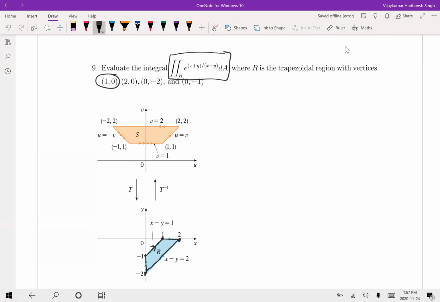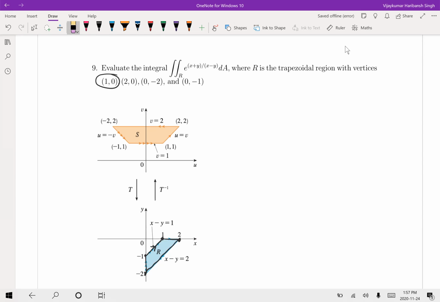Now, the region R is simple, but the integrand is complicated. It would be hard to integrate this. So what we'll do is transform everything to the UV plane. What kind of transformation makes sense? We'll simplify these terms.